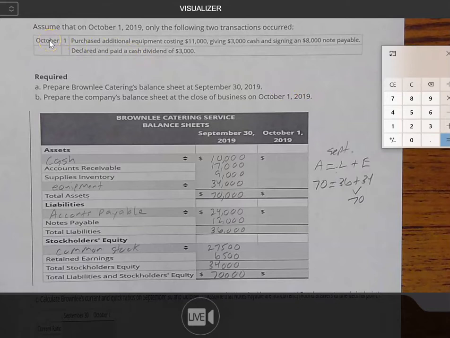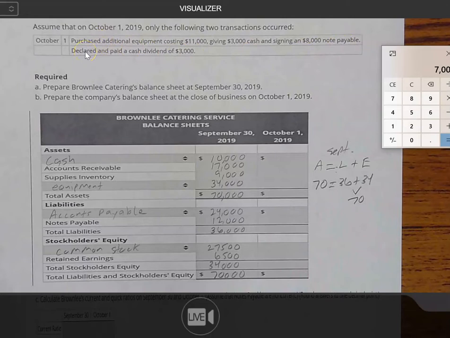It says on October the 1st, we purchased additional equipment costing $11,000, giving $3,000 cash. Okay, so let's put our $10,000 in here, and we're going to subtract out the $3,000 down payment, minus 3,000. Okay, and signed an $8,000 note payable, so we're taking on some debt.